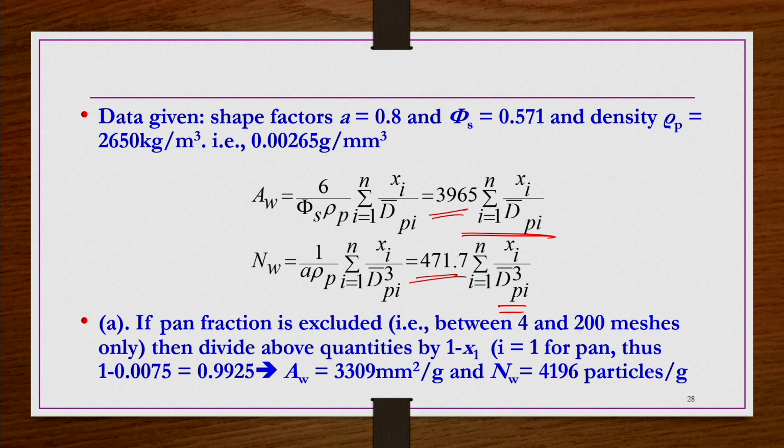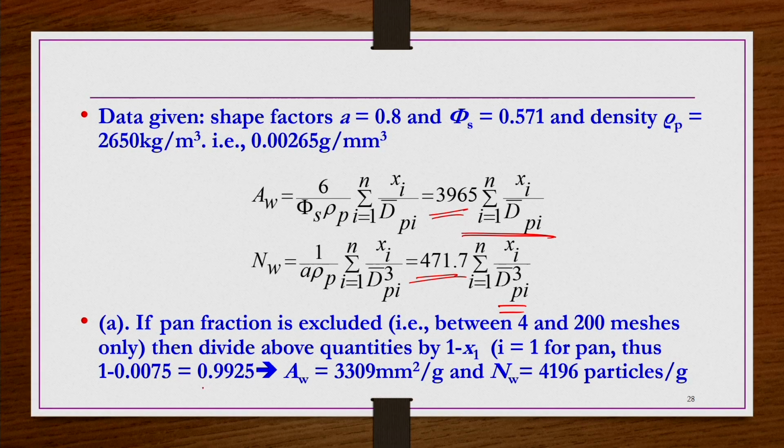But the question asks for the total number of particles between 4 mesh and 200 mesh. So, whatever particles are present in the pan should not be considered; they should be excluded. When you exclude them, you get the true number, otherwise you get a different number. The pan fraction is 0.0075, so 1 minus x1 for the pan, that is 1 minus 0.0075, is 0.9925.